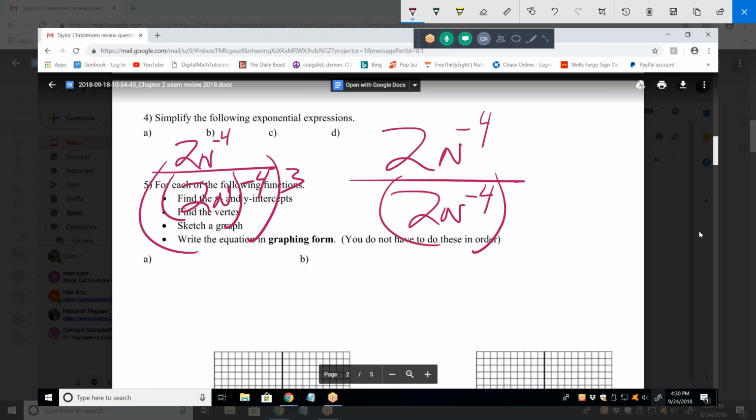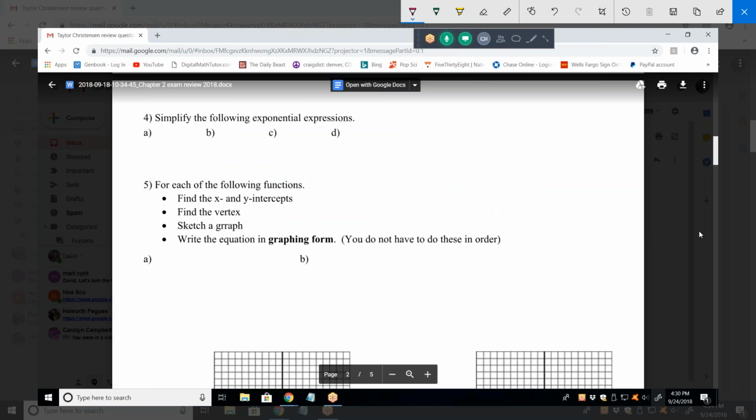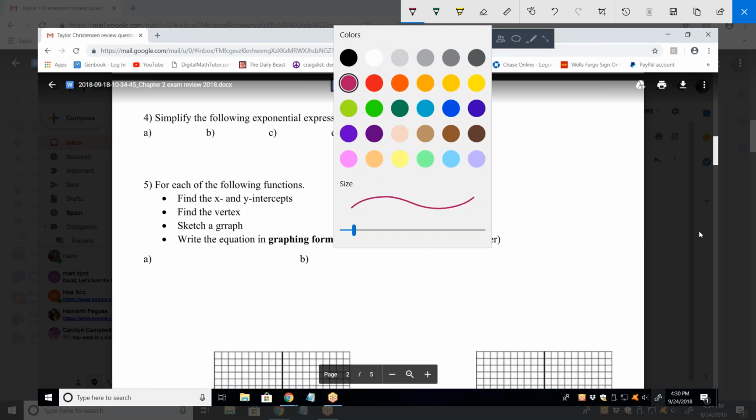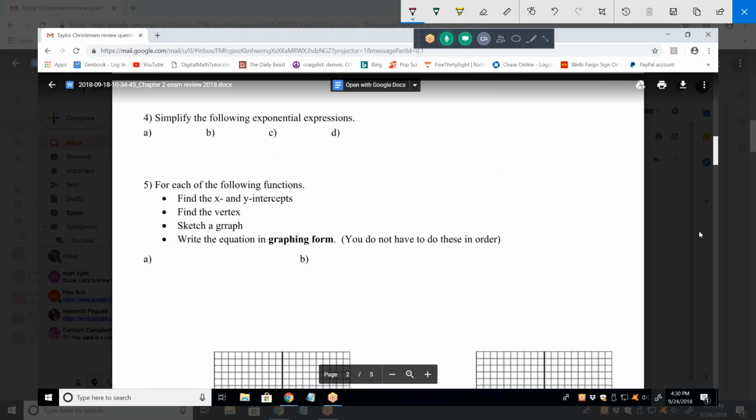Like this? Yeah. Exactly like that. Sorry, my mistake. It's 2n to the minus 4th all over 2n to the minus 4th to the power of 3.